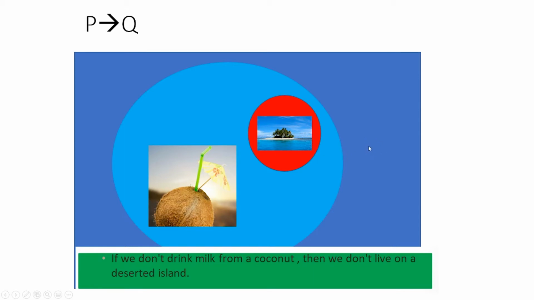And they say, well, you've landed in the dark blue area. I'm sorry, guy, but there's no drinking milk from coconuts here. Then you know for certain that you won't be living on a deserted island either, because if you're not in the area of drinking milk from a coconut, it should be obvious that you're not on a deserted island if we use this map.